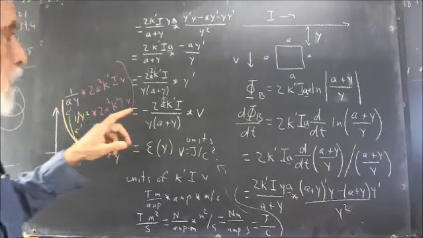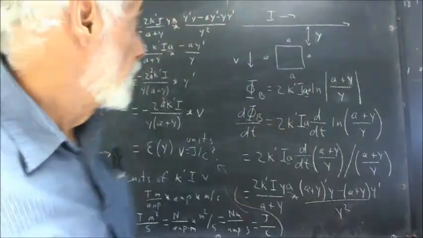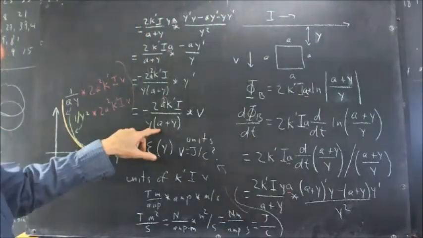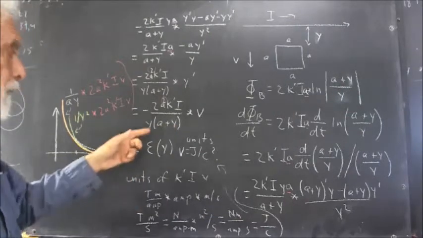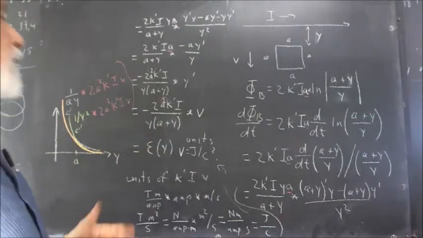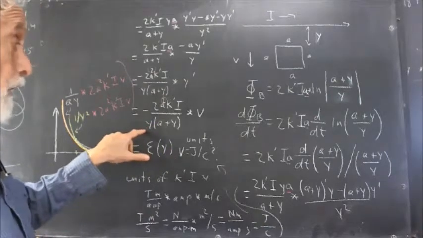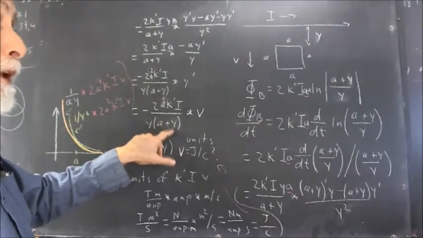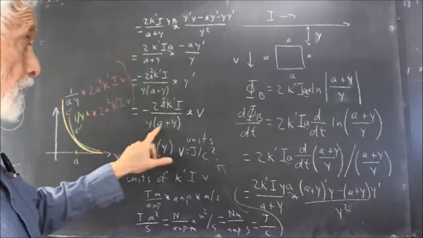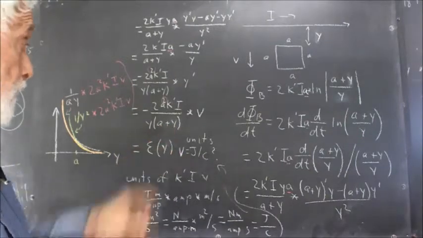Okay, now if y is small, if you're close to the current here, then the y is not big compared to a. The a is big compared to y. And that's going to make the denominator act like just a times y. The y here is important because it's multiplying this, but the y here becomes less important because it makes very little proportional change in the factor a plus y.